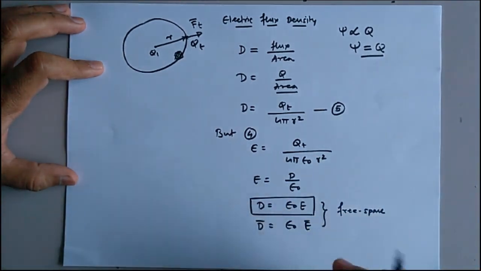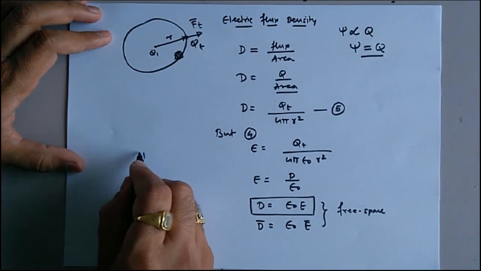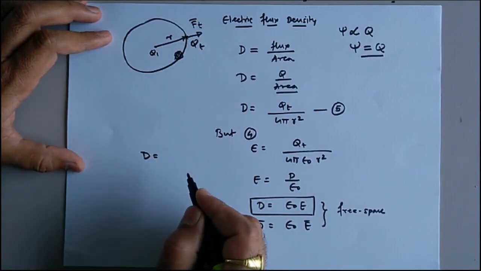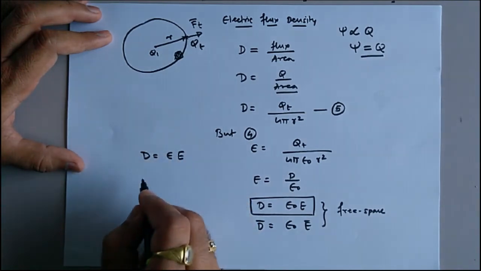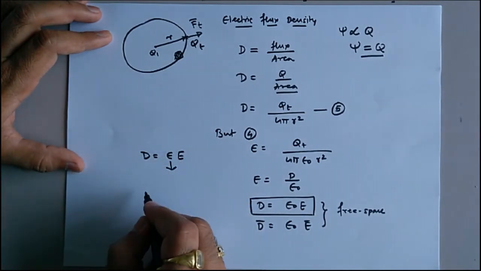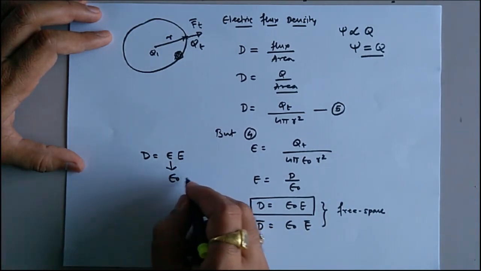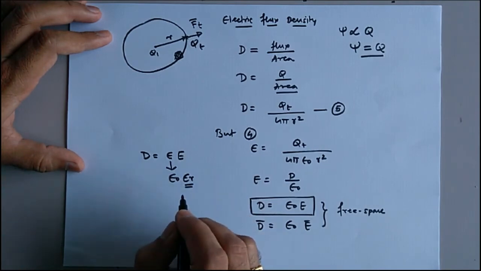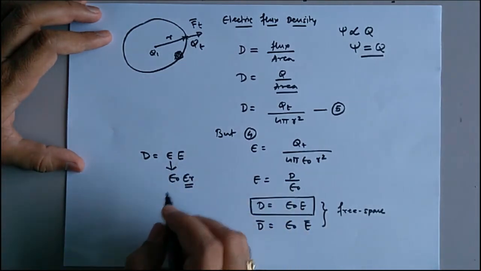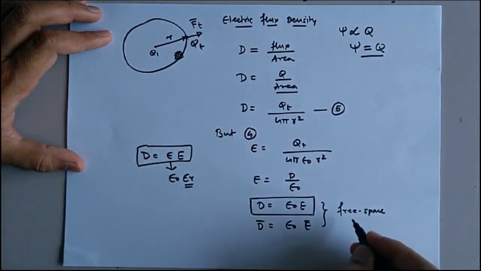So for any medium apart from free space, we can write D equals epsilon multiplied by E, where epsilon indicates the permittivity of that particular medium, which is the product of epsilon naught and epsilon r, where epsilon r indicates the relative permittivity of that medium. So this equation we need to apply for any medium other than free space.